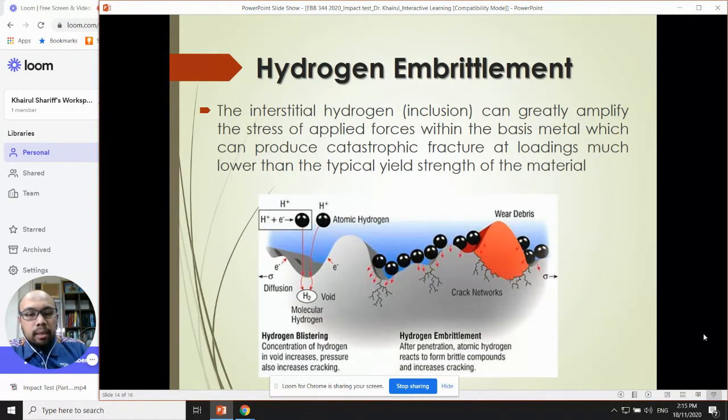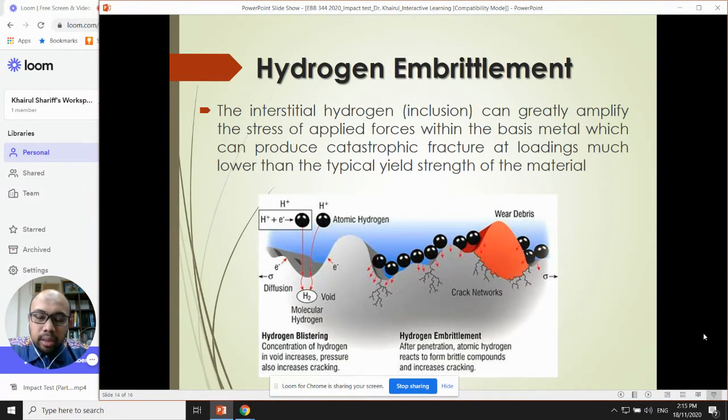Here I can say how this hydrogen attacks and so on, but at the moment the explanation is not detailed. If you want to understand in detail, you can Google it and read articles related to hydrogen embrittlement of metal.